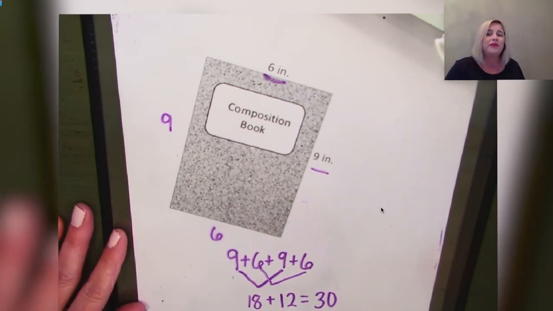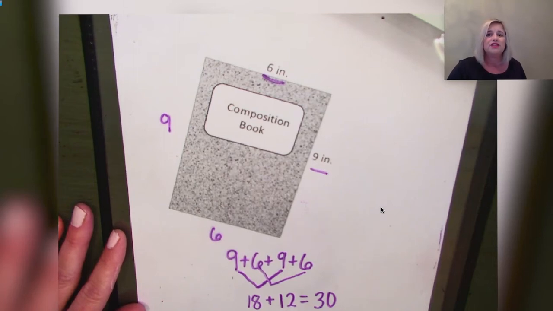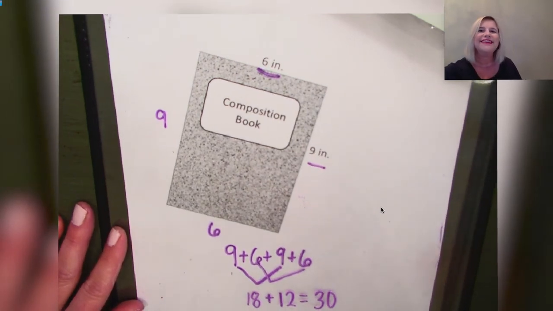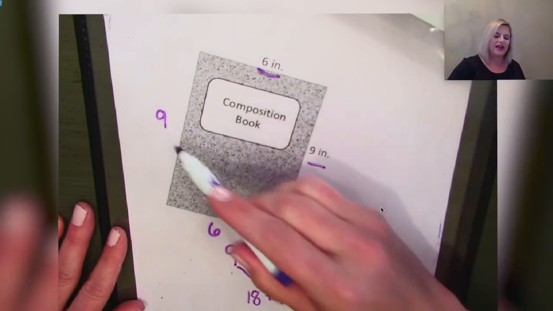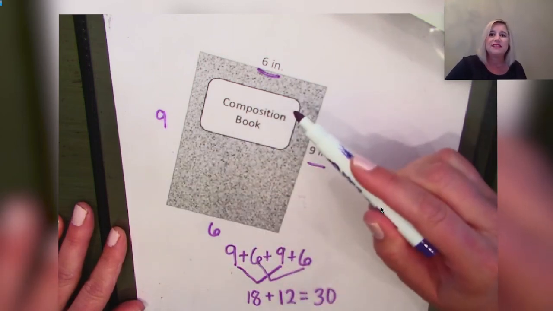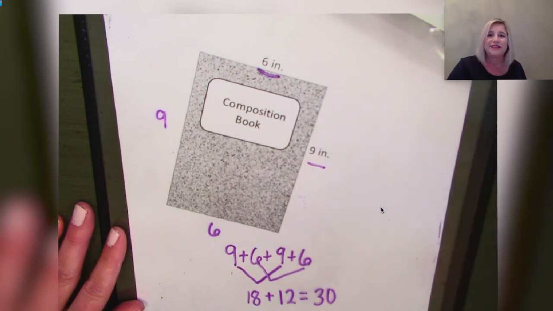The drawing only has one 9 labeled and one 6 labeled. So again, where did we find the second set of numbers? Excellent. These are two sides that are 9 inches long, and these are two sides that are 6 inches because this shape is a rectangle.